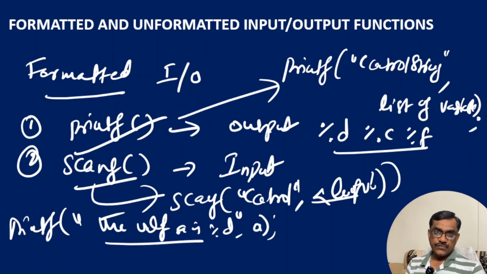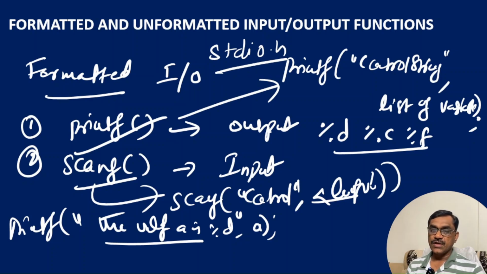In double quotes, if you want to print your own message, after that we can print the value. But this is not possible in unformatted input output functions. This is the simple discussion about formatted input output. And we know that these two functions are available in the header file stdio.h, that means standard input output header file.